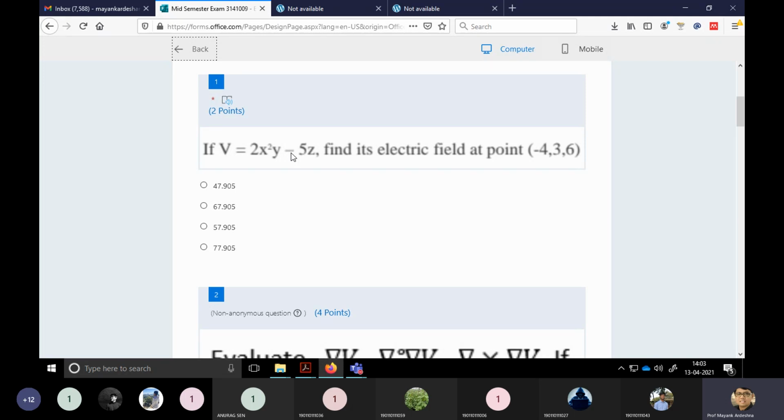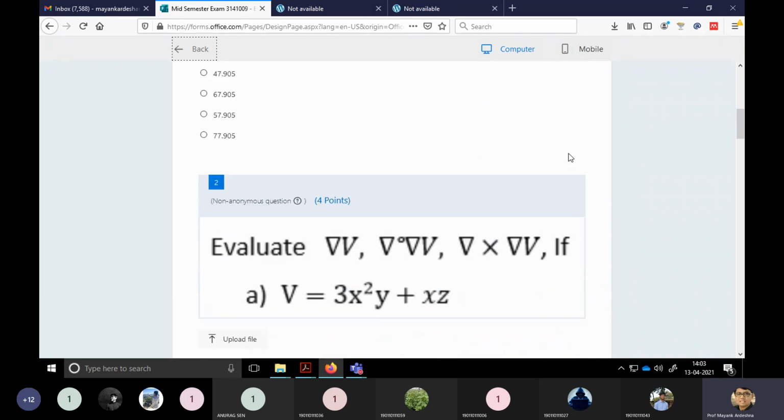So you have to find the gradient of this equation in the Cartesian coordinate system, and put the given point, minus 4, 3 and 6, into it. Then you can solve this answer.